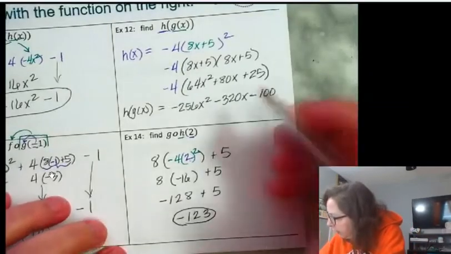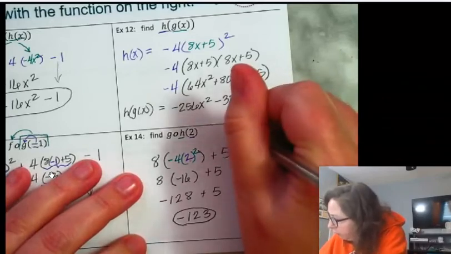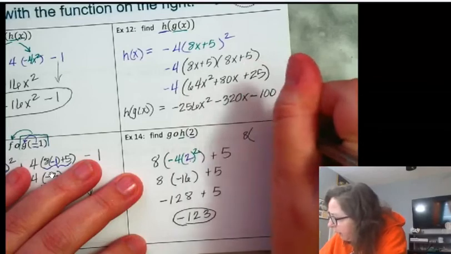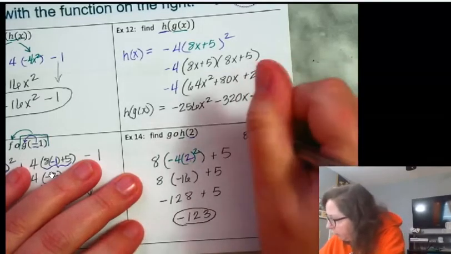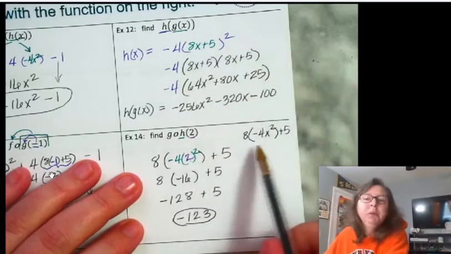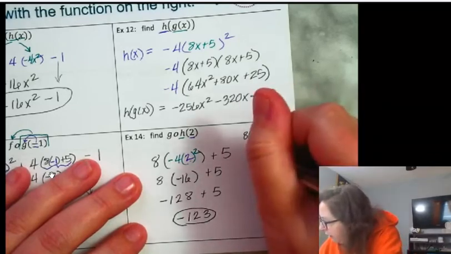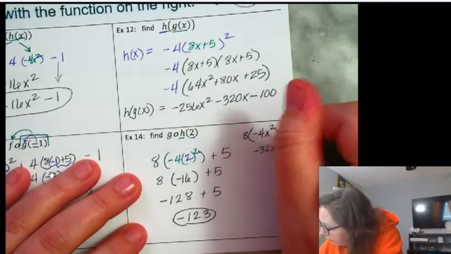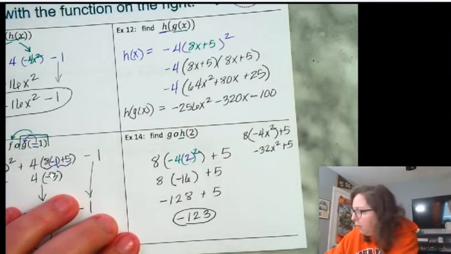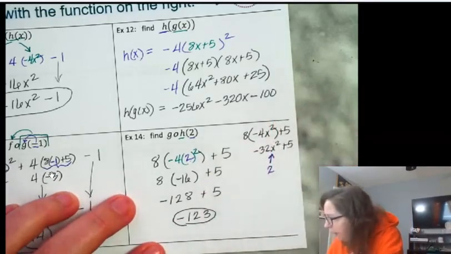I'm going to take the g function, which is 8 parenthesis plus 5, and I'm just going to put in the h function, negative 4x squared. And now I'm going to simplify this. So that's going to give me a negative 32x squared plus 5.